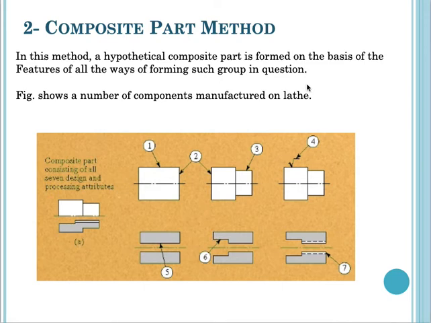If you see in this figure, for the number of components manufactured on a lathe, the various operations include setting the length, facing, turning, grooving, drilling, boring, reaming, counter boring, chamfering, and so on.